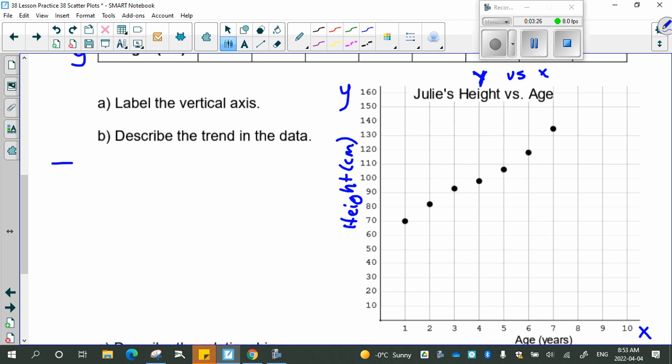The trend, so overall the trend is, so when you're looking for a trend, what you want to do is look at what happens to the y values as x gets bigger. So as her age gets bigger, what's happening to the y values as an overall trend? And think about it as she gets older, what's happening to her height? Yes. Okay, so as she gets older, she gets taller.